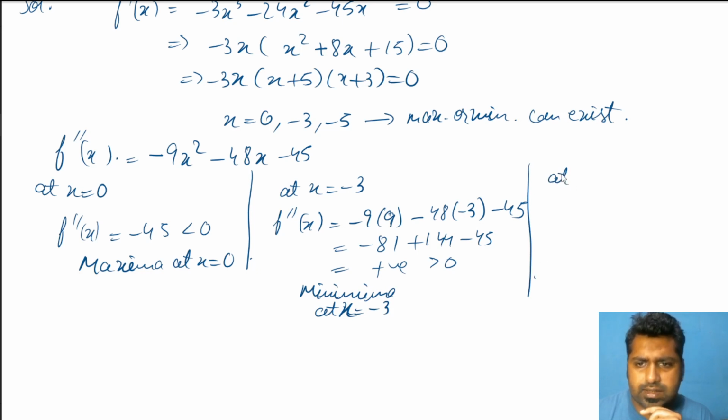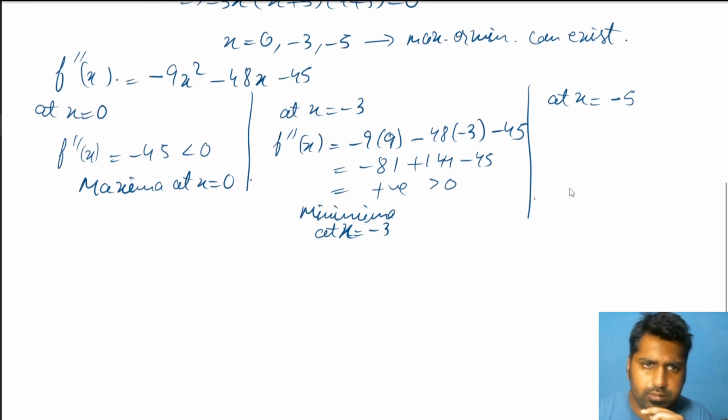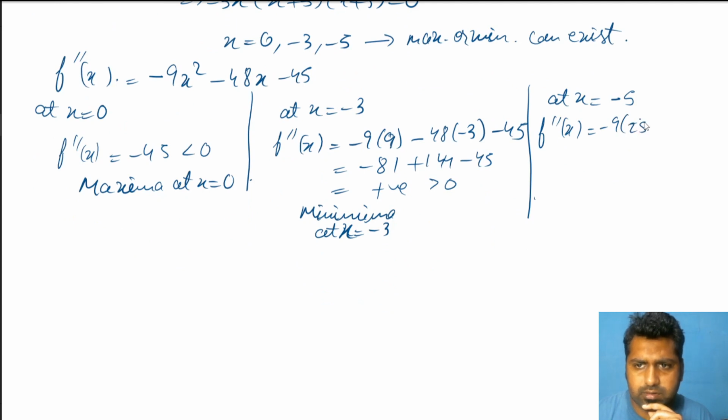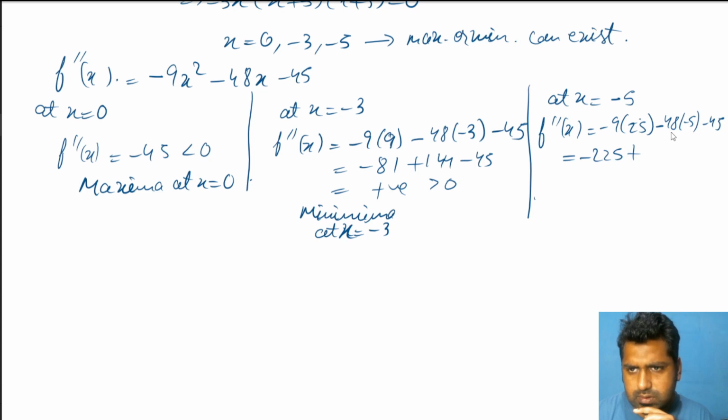Lastly, you have to check at x equal to minus 5. So again, f double dash x is minus 9 into 25 minus 48 into minus 5 minus 45. That gives you minus 225 plus 240 minus 45.